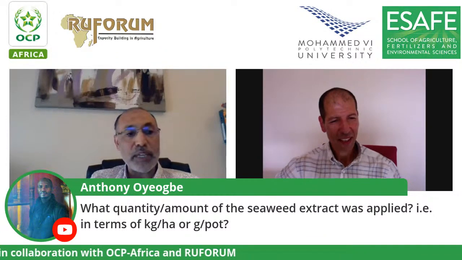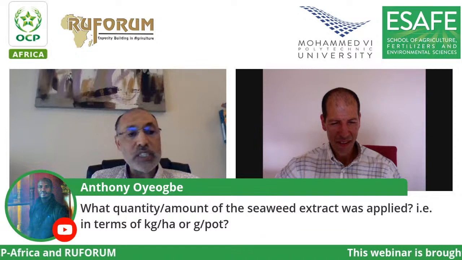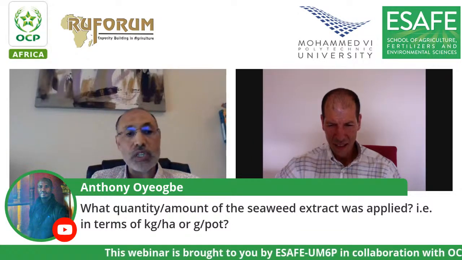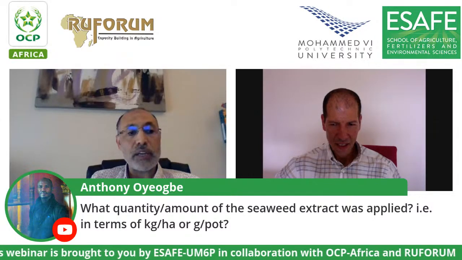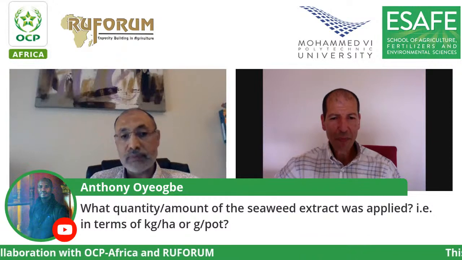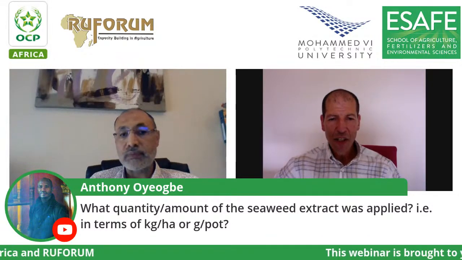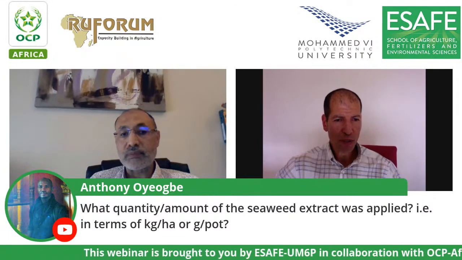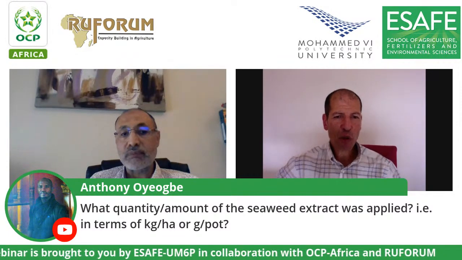Anthony Oyugbe is asking what quantity amount of the seaweed extract was applied, in terms of kilogram per hectare or gram per pot? Well, good question. So it really depends on the application on the crops. Seaweed, you can find it in liquid and in solid forms. And in liquid, you have different concentrations.